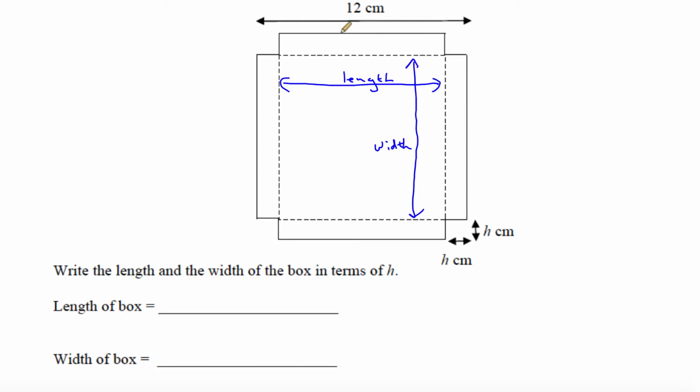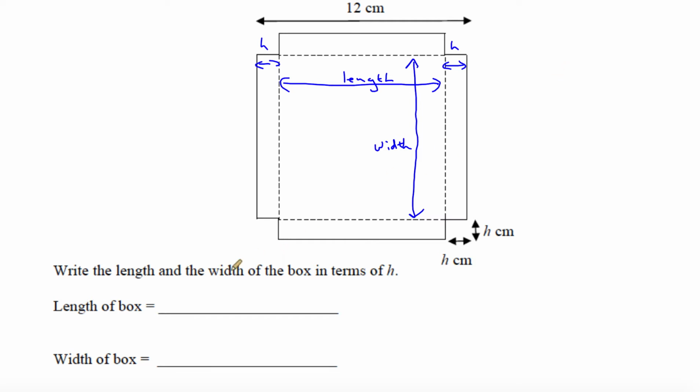So what is that length? Well, we know that this little bit here is h, and this bit here is h, these distances here. So those little bits are h, and the whole thing is 12, the whole width. So the bit in the middle then would be the full width, 12, or the full length, 12, subtract this h and that h.